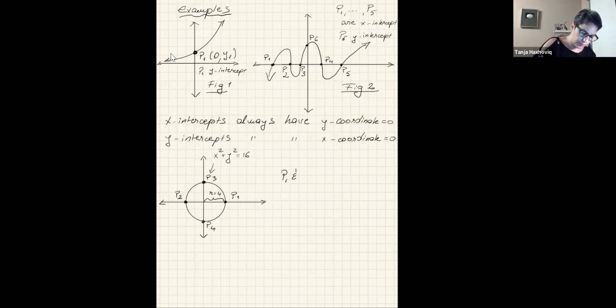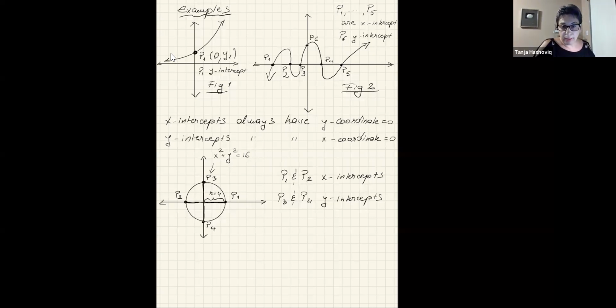So P1 and P2 are x-intercepts, and P3 and P4 are y-intercepts. Just because the radius is 4, this distance from here to here is 4, and each of the other distances is also 4.